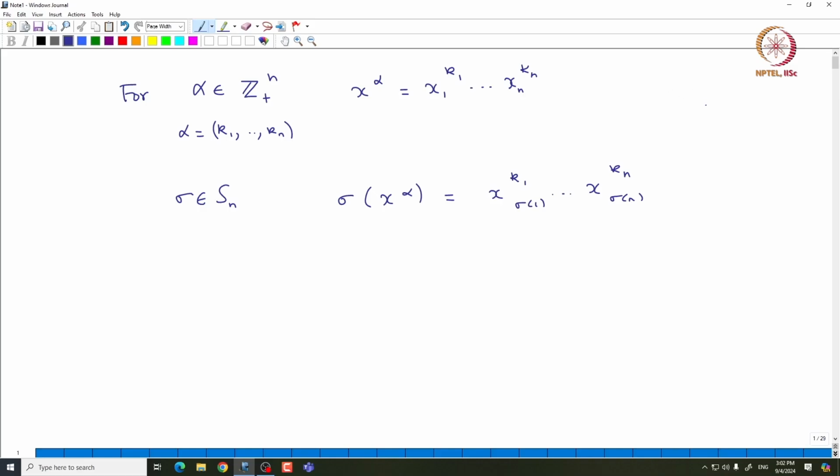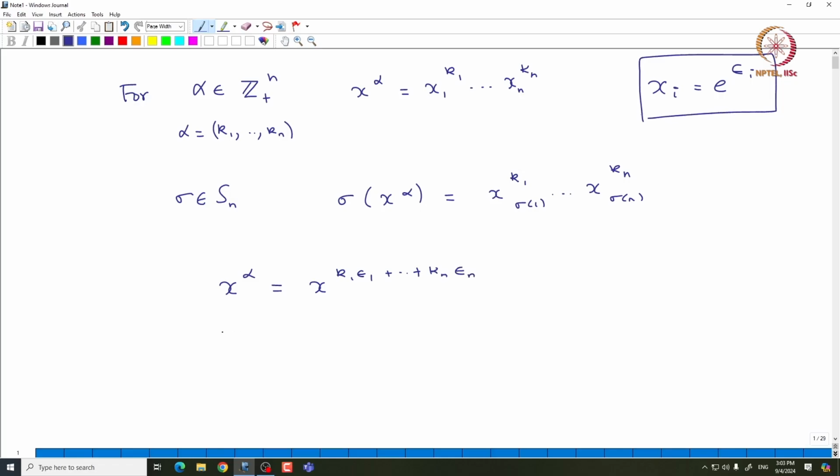Indeed, the way we want to identify xi with e power epsilon i, you can easily see that x power alpha corresponds to e power k1 epsilon 1 plus etc. plus kn epsilon n, using this identification xi equal to e power epsilon i.